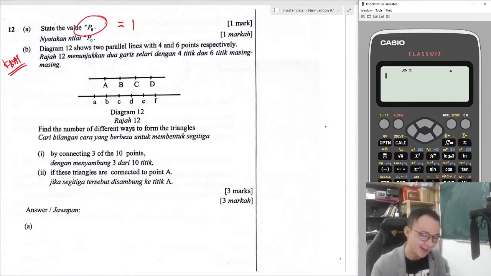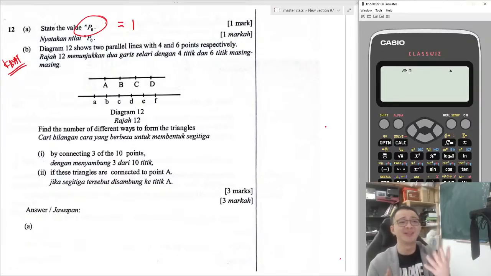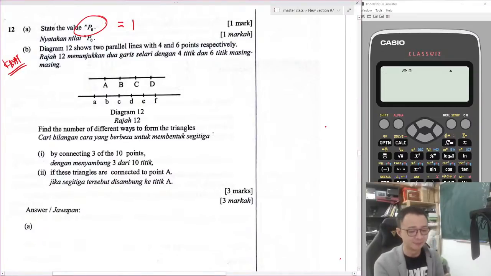But okay, anyways, let's get back to these questions. Right now you have two parallel lines, which is 4 points and 6 points respectively. You see capital letters A, B, C, D and small letters A, B, C, D, E, F. By connecting 3 of the 10 points, you want to form a triangle.